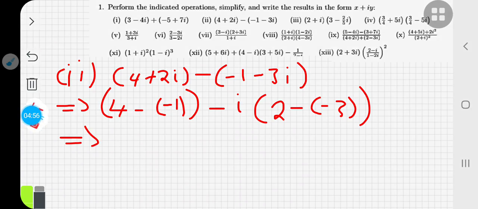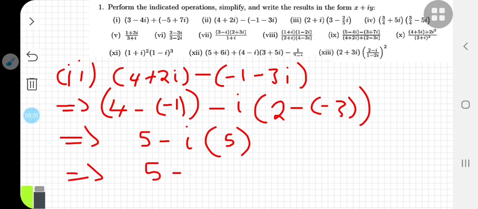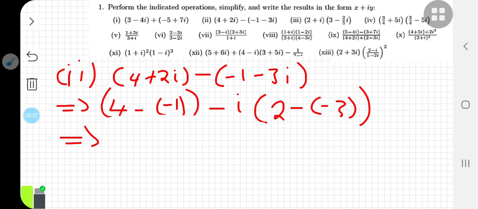Now we have 4 plus 1, that gives us 5, minus i, and 2 plus 3, that also gives us 5. Then we have 5 minus 5i. That's our solution, 5 minus 5i. We move on. Guys, these things are simple, they're easy.